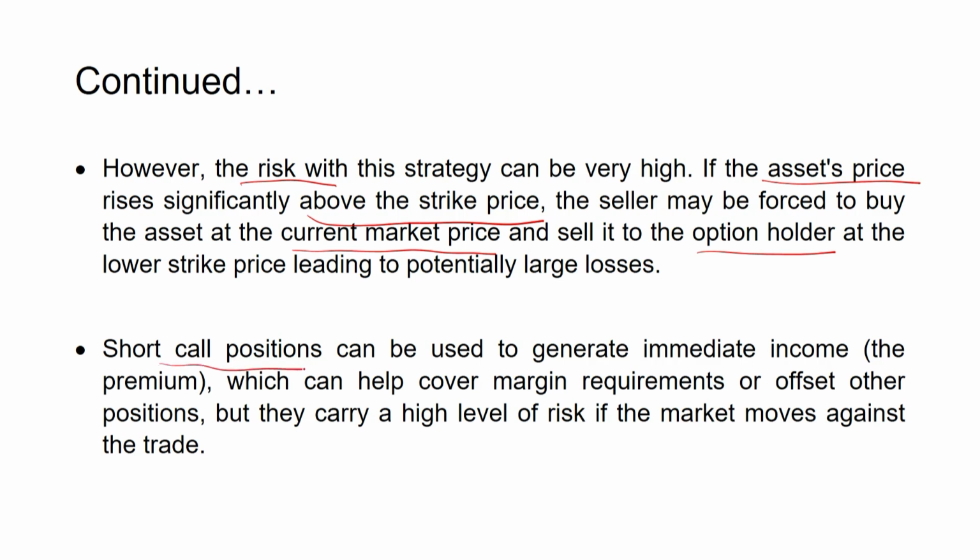The short call position is basically used to generate immediate income for the option holders. The premium is the immediate income that can help to cover the margin requirement in the stock market for offsetting the other position. So, they carry a high level of risk if the market moves against the expectation of the traders.